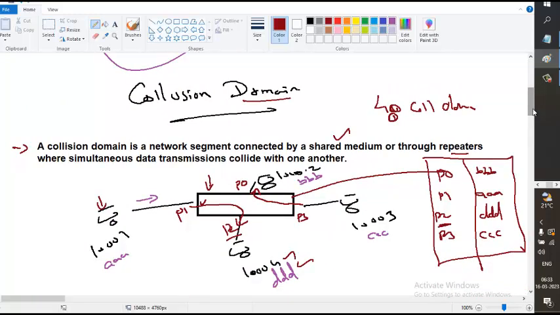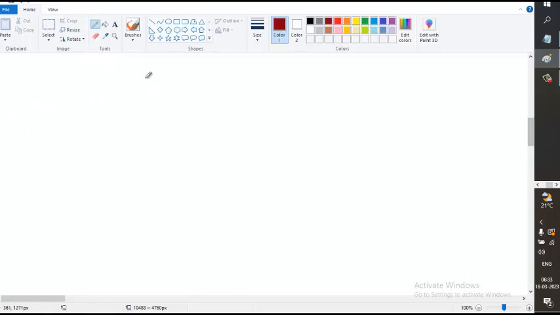Now, let's learn something with respect to collision domain and broadcast domain. Assume I have an 8-port hub to which some devices are connected.